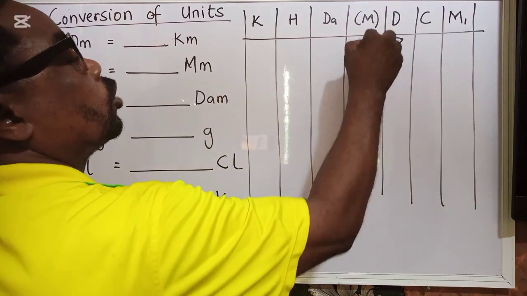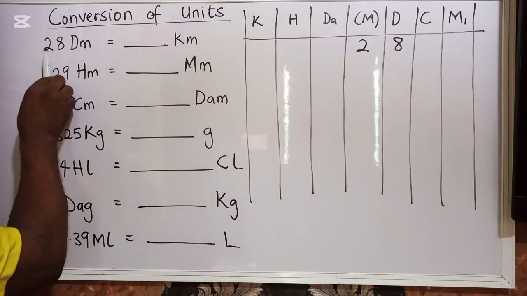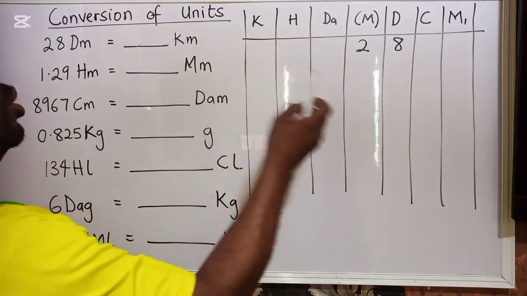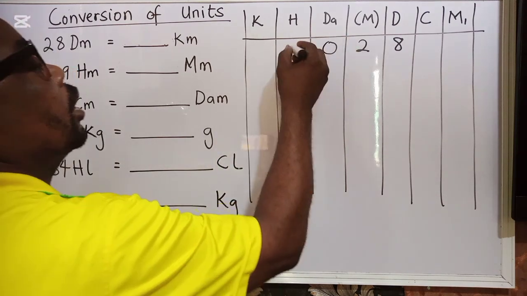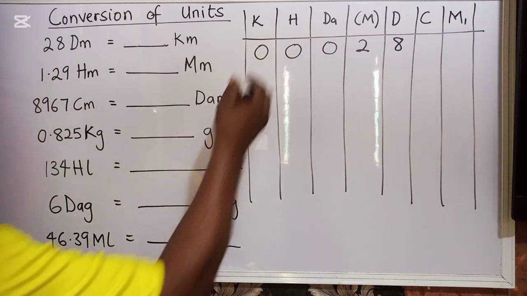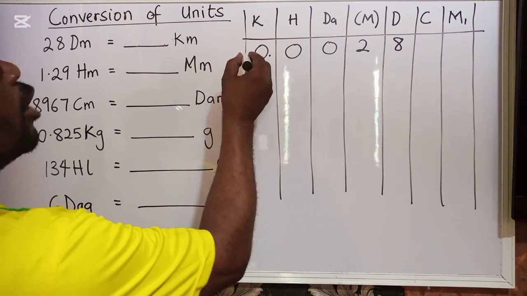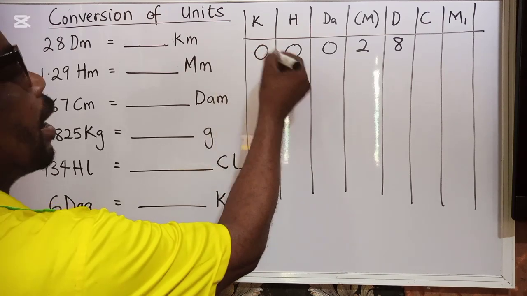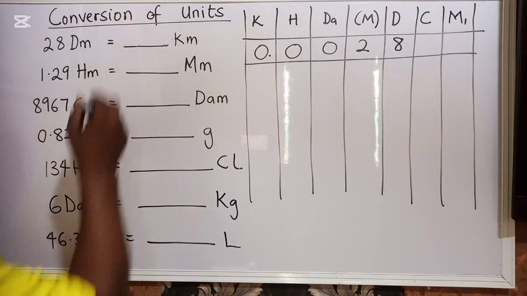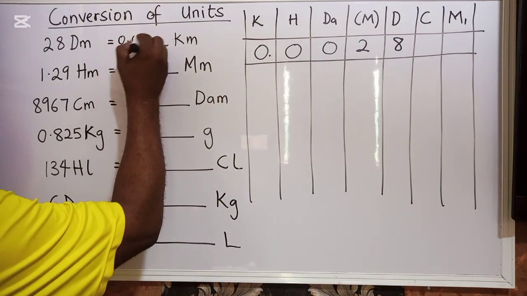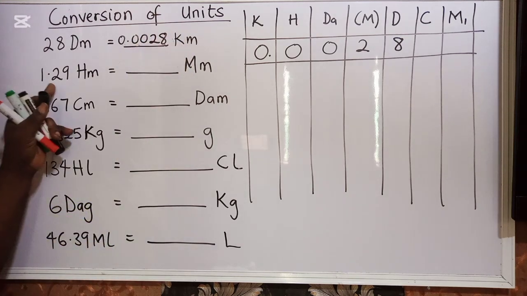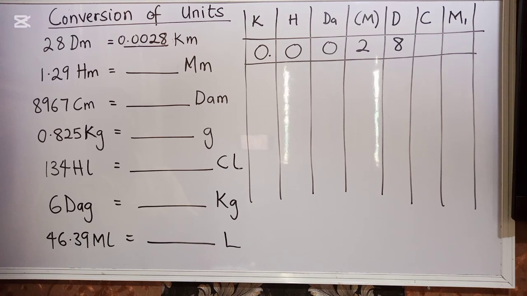After 2, I have nothing, and I still need to move until I get to kilo, so I move with zeros. Since I've got to my destination, I put the point under the kilo, after the number. This gives us our answer, which is 0.0028 kilometer.